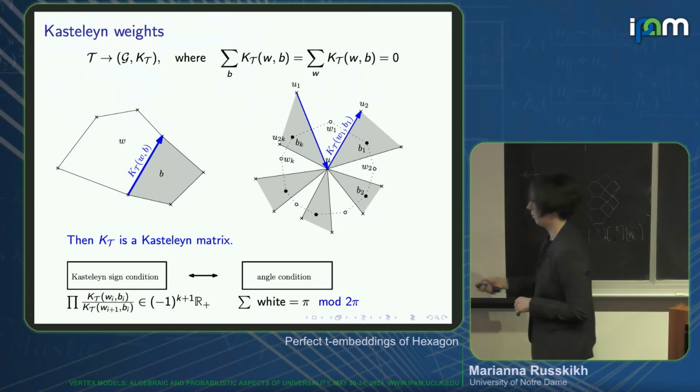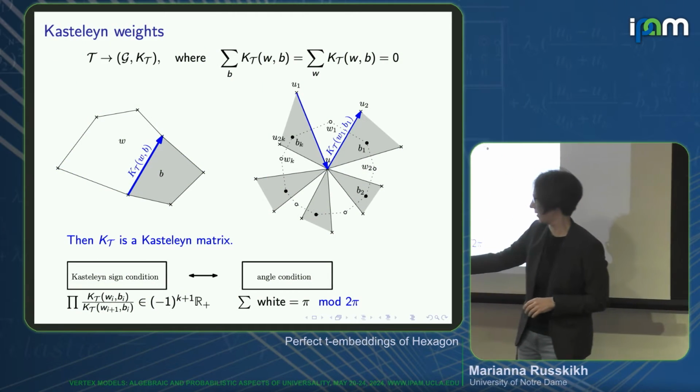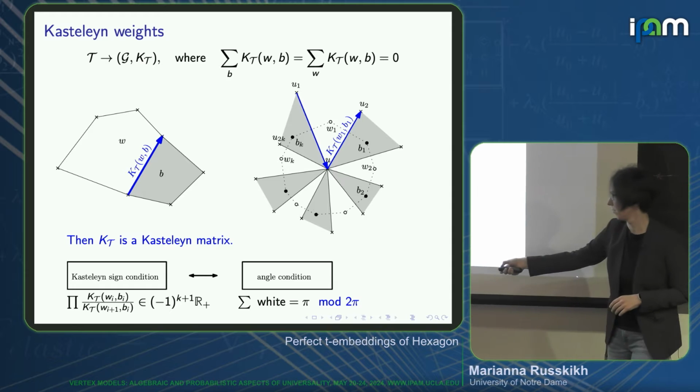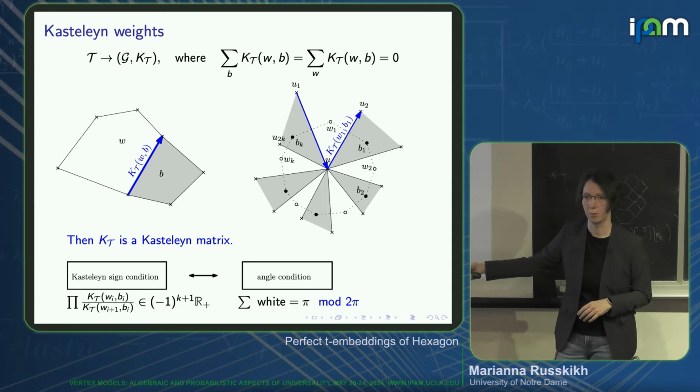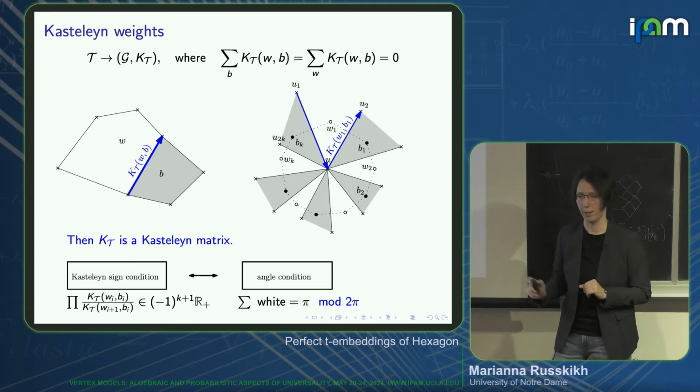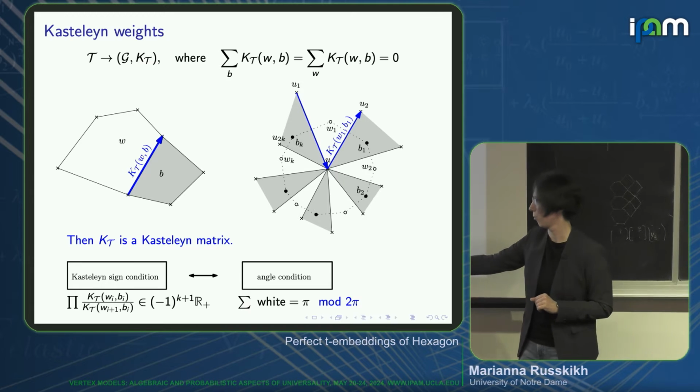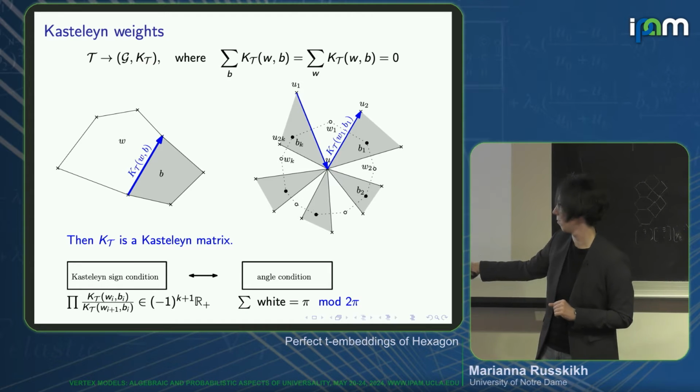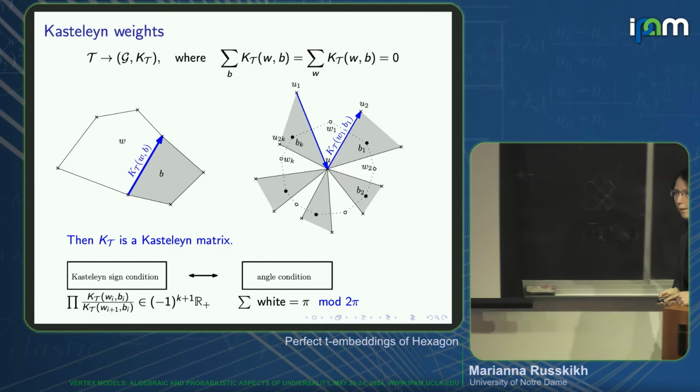So you can easily convince yourself that this Kästlin sign condition is equivalent to the fact that the sum of white angles is equal to pi, mod 2 pi. So the Kästlin sign condition is equivalent to the angle condition modulo 2 pi. OK?